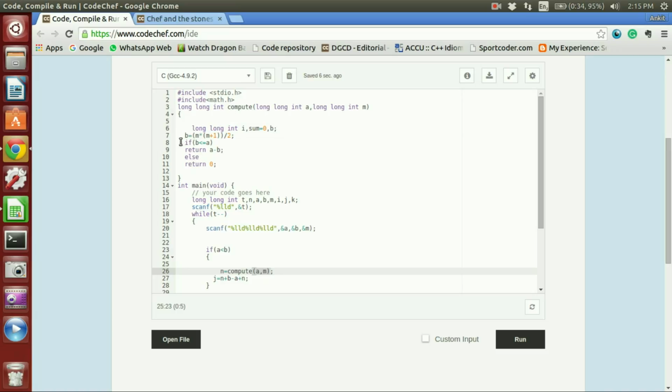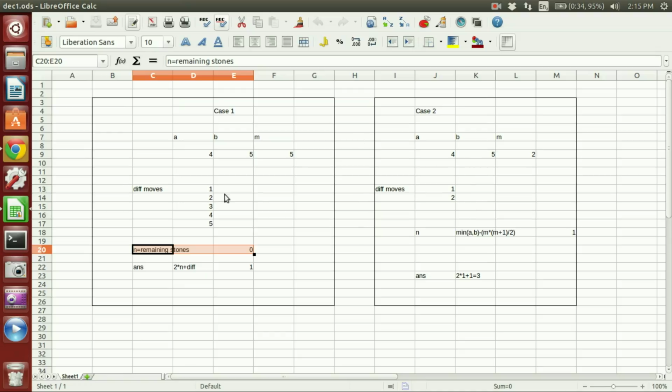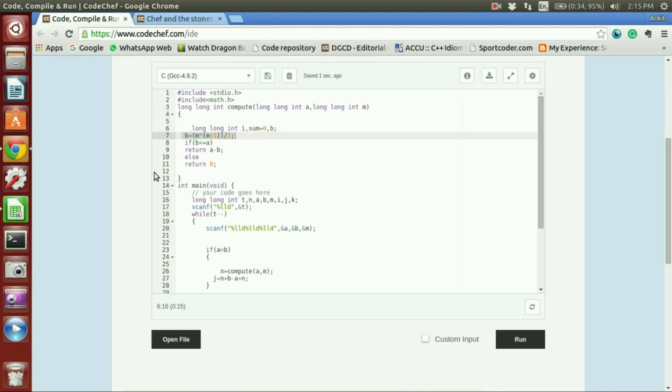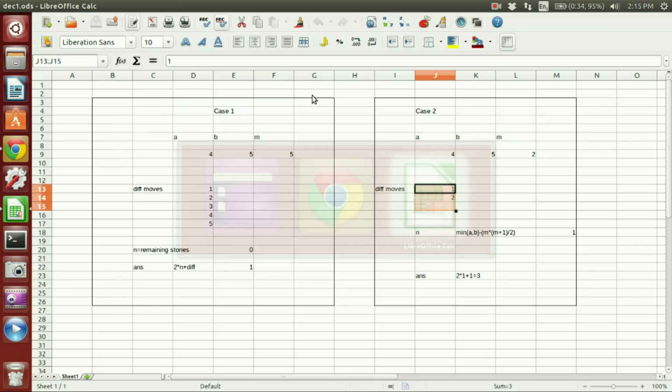So the condition here is, we calculate the summation of m. So for this case it was 15, for this case it was 3, and we check if it is less than or equal to a, that is, whether we can represent a from these different moves or not.